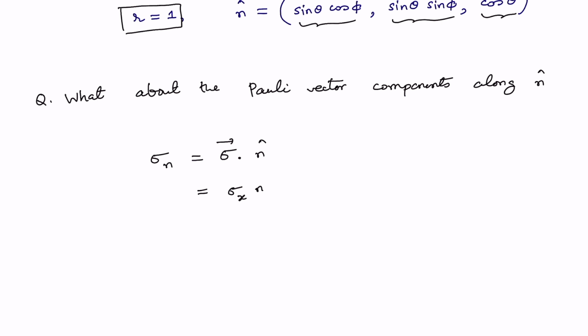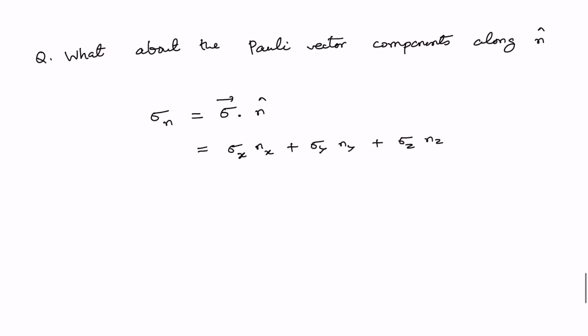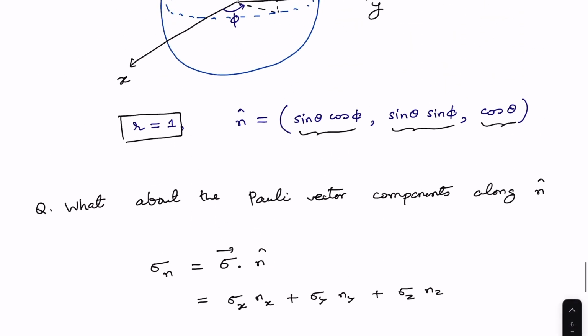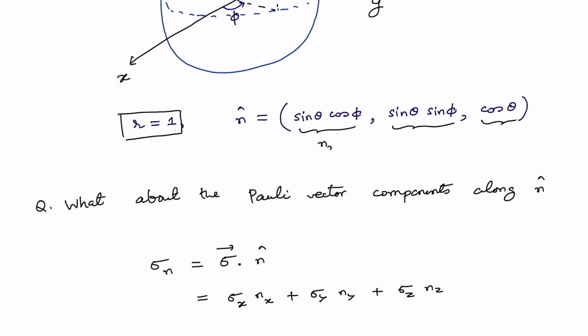So I can write sigma dot n cap as sigma x nx plus sigma y ny plus sigma z nz, where this is your nx, this is your ny, and this is your nz.